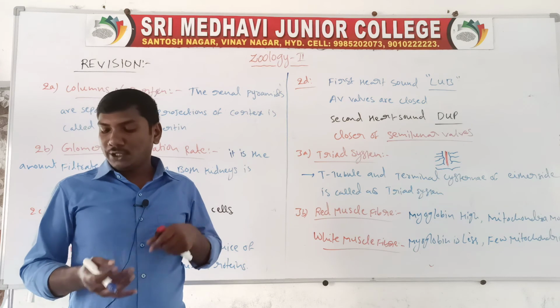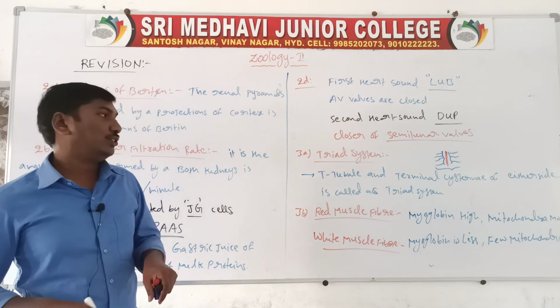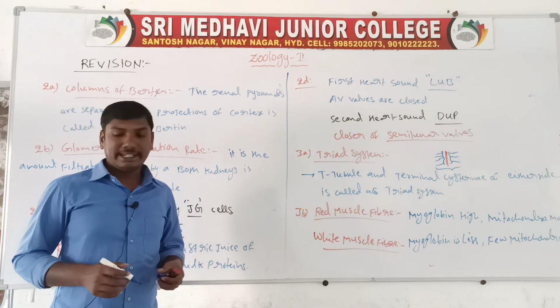White muscle fiber means myoglobin is less and mitochondria are few.